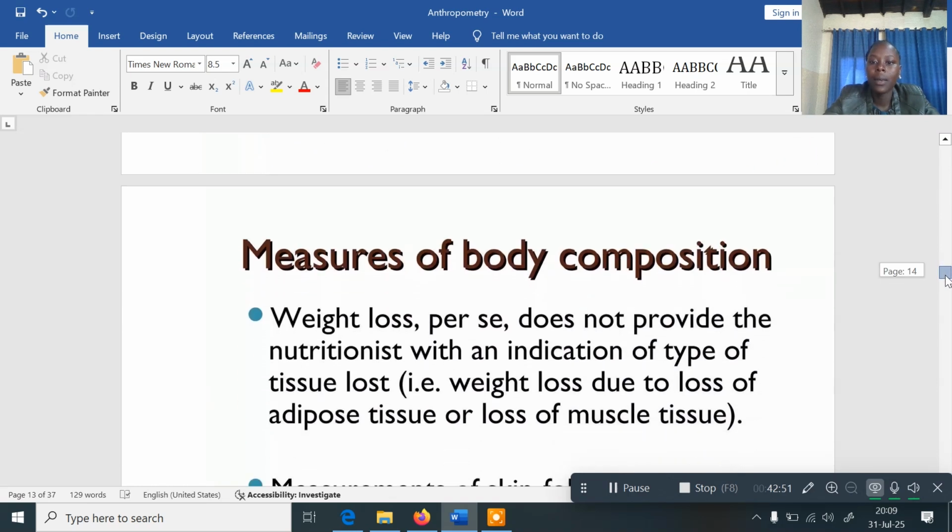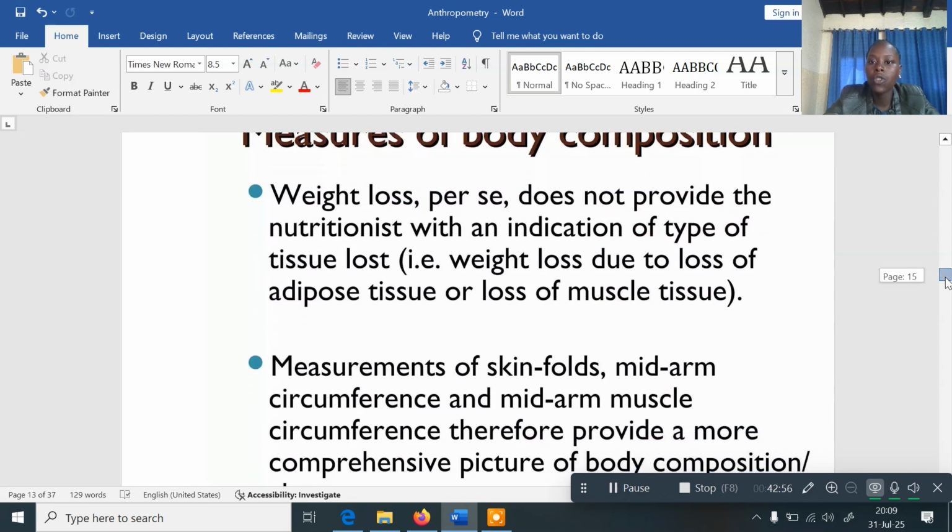Yes, so next we have measures of body composition. Here we are saying that weight loss does not provide the nutritionist with an indication of the type of tissue loss. That is to say, weight loss due to loss of adipose tissue or loss of muscle tissue.